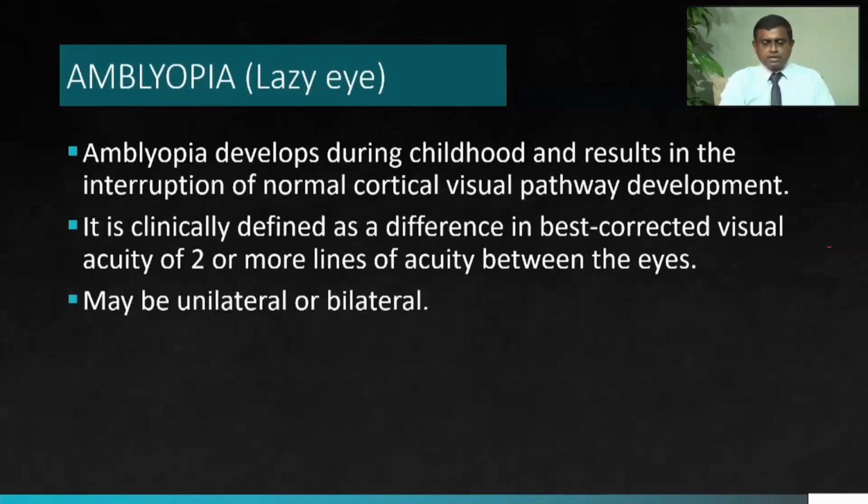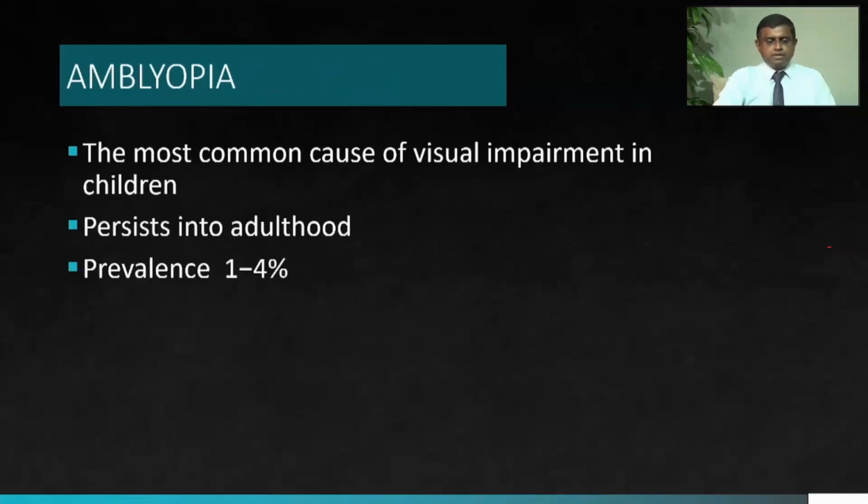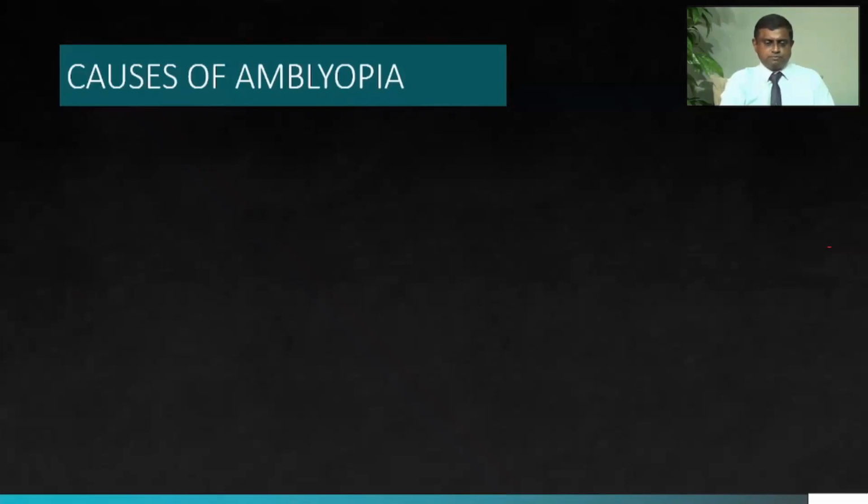So it could be unilateral or bilateral. So amblyopia is the most common cause of visual impairment in children, still common in our population, and it persists into adulthood, and the prevalence in adults is 1 to 4%. Reduced vision due to amblyopia is about 1 to 4% depending on the population.